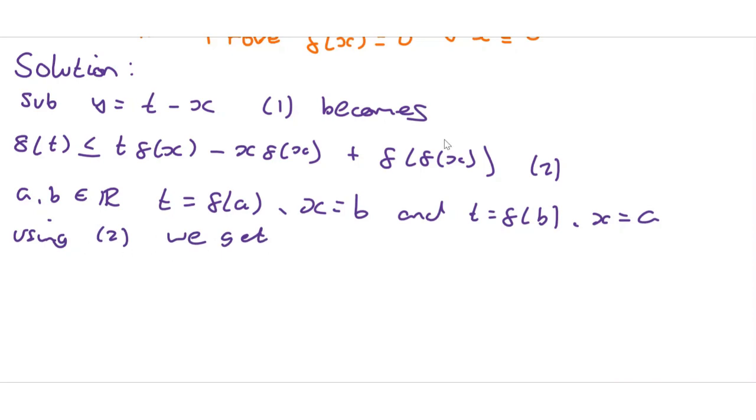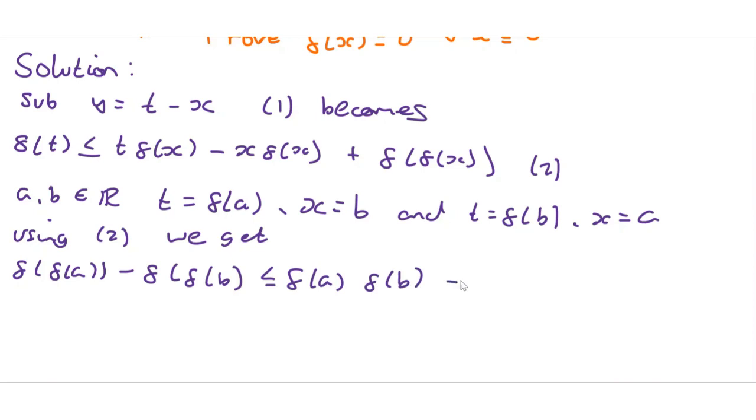We're going to subtract this term from both sides. We get that f of a minus f of b is less than or equal to f of a f of b minus b f of b.